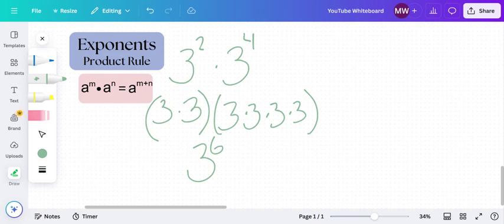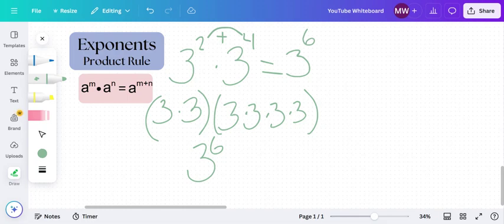But my product rule tells me that I can just add my exponents and get my answer right away. So if I wanted to use the product rule to make my life a little quicker, I could do 3 to the second times 3 to the fourth, knowing that if I just add these exponents together, I would get my new exponent, 3 to the sixth.